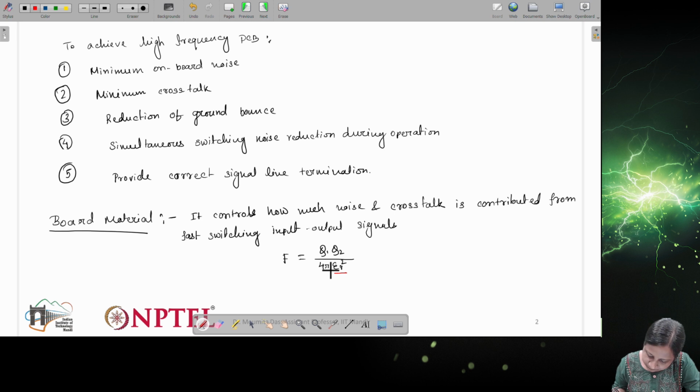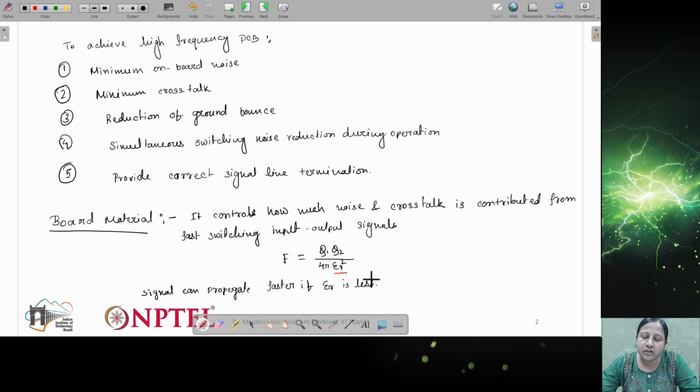Basically, the signal can propagate faster if epsilon r is less. So we can choose based on the availability of the board material. We can choose the lower permittivity material so that signal propagation will be faster.